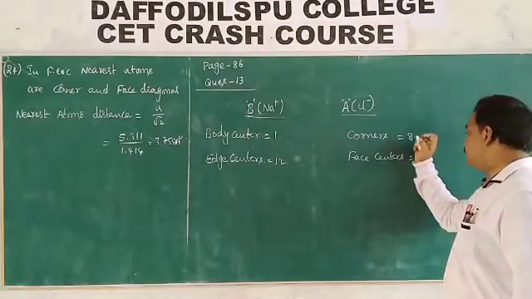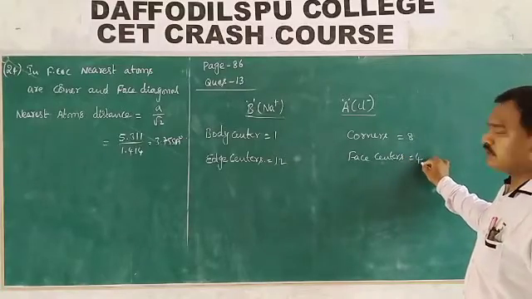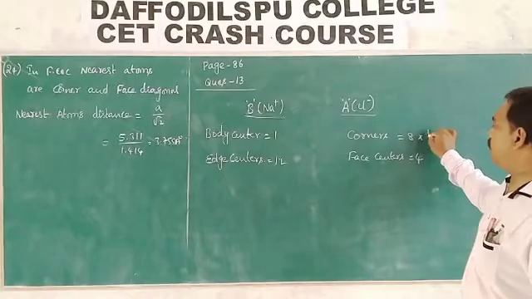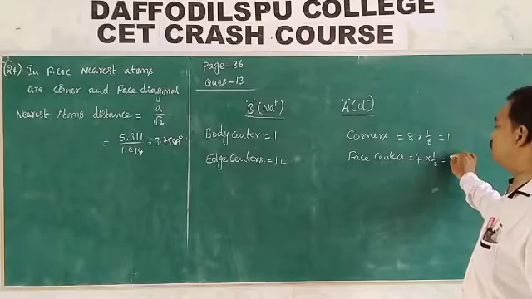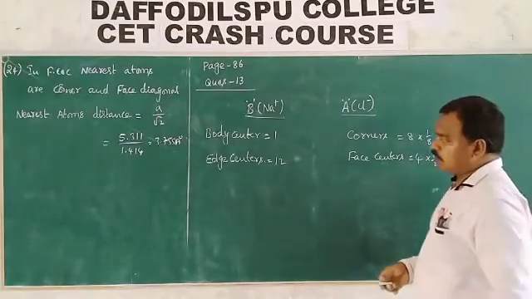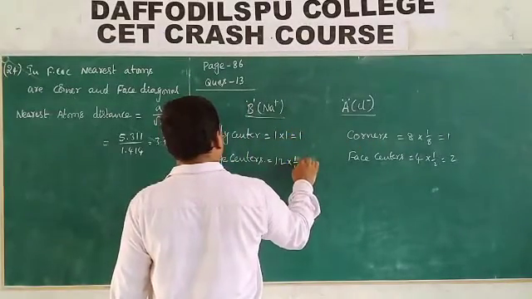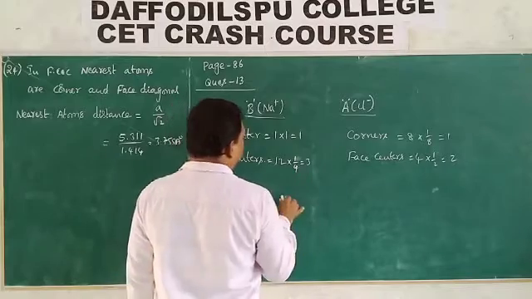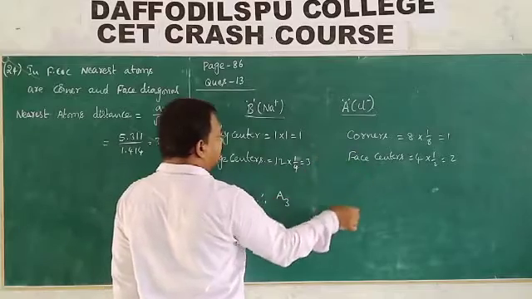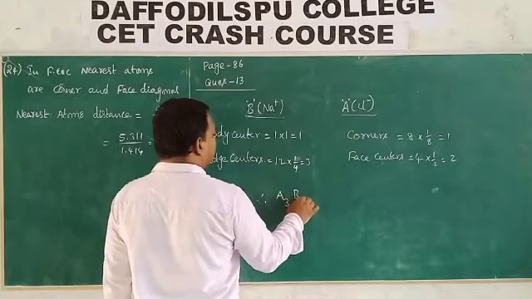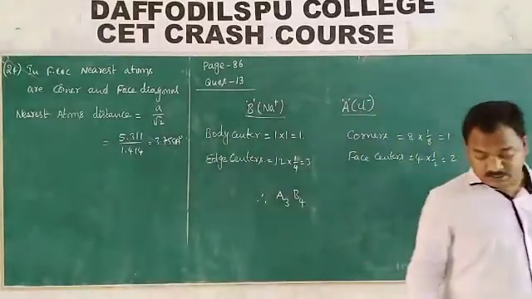Total we have 6 faces; one axis removed means only at 4 faces we have the atoms. The contribution of a corner atom is 1 by 8, a face centered atom is 1 by 2, the body centered atom is a full 1, and the edge centered atoms contribute 3. So A atoms are 3 in total, B atoms are 4. So our formula is A3B4.